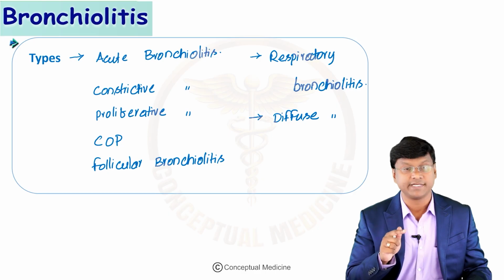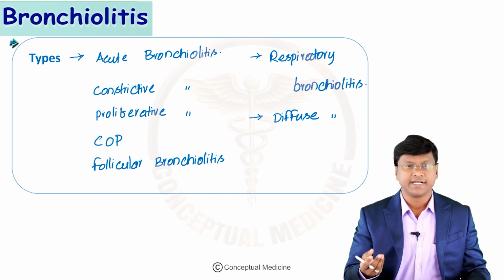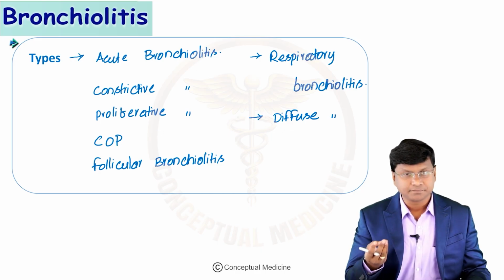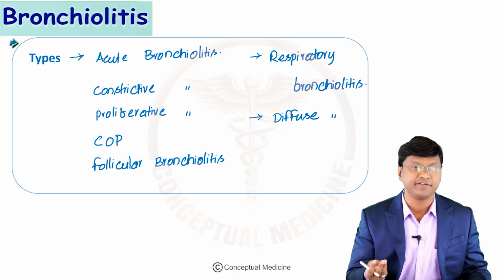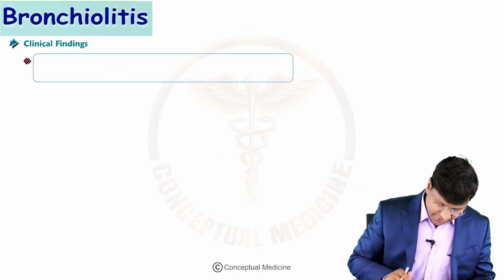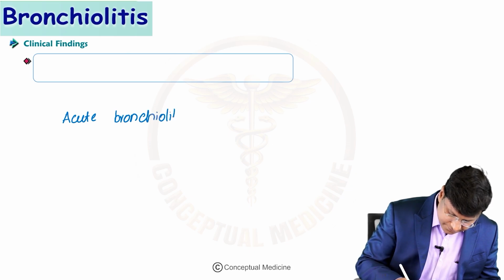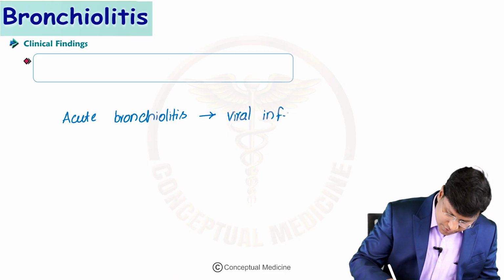Acute bronchiolitis is commonly seen secondary to infectious pathology, and that infection could be strep infections, staph infections, or most commonly viral infections. It commonly follows viral infections.